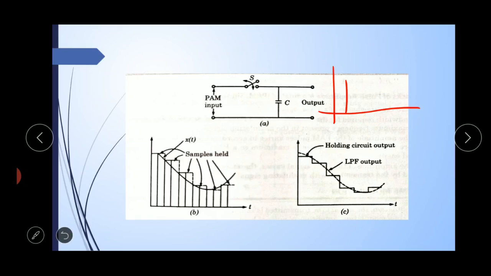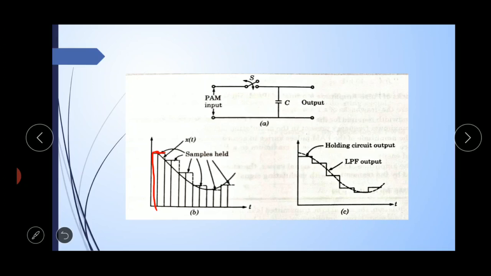Here you can see the first pulse is this. The capacitor charges up to its maximum value, then after this point the switch S is opened. The capacitor then holds that charge for the interval between the two pulses.